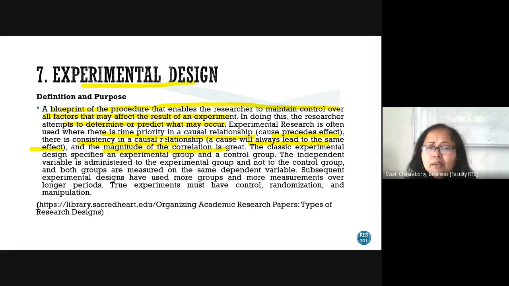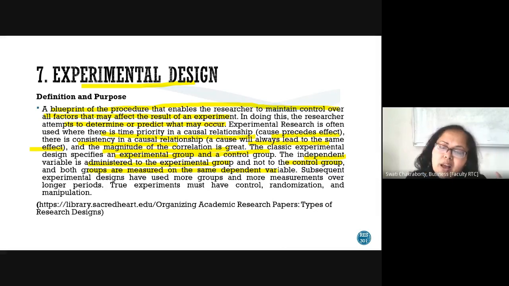So it actually specifies an experimental group and a control group, where the independent variable is administered to the experimental group, not to the control group, and both groups are measured on the same dependent variable, right? So, for instance, say we have two groups, and we have the theory that if we eat an apple a day, the frequency of going to the doctor's chamber decreases.